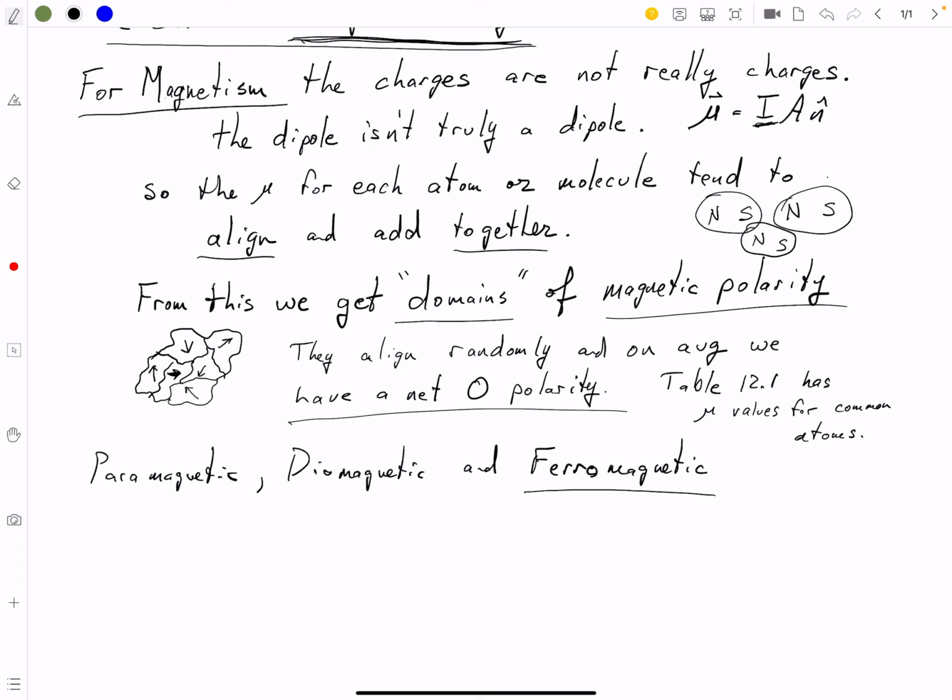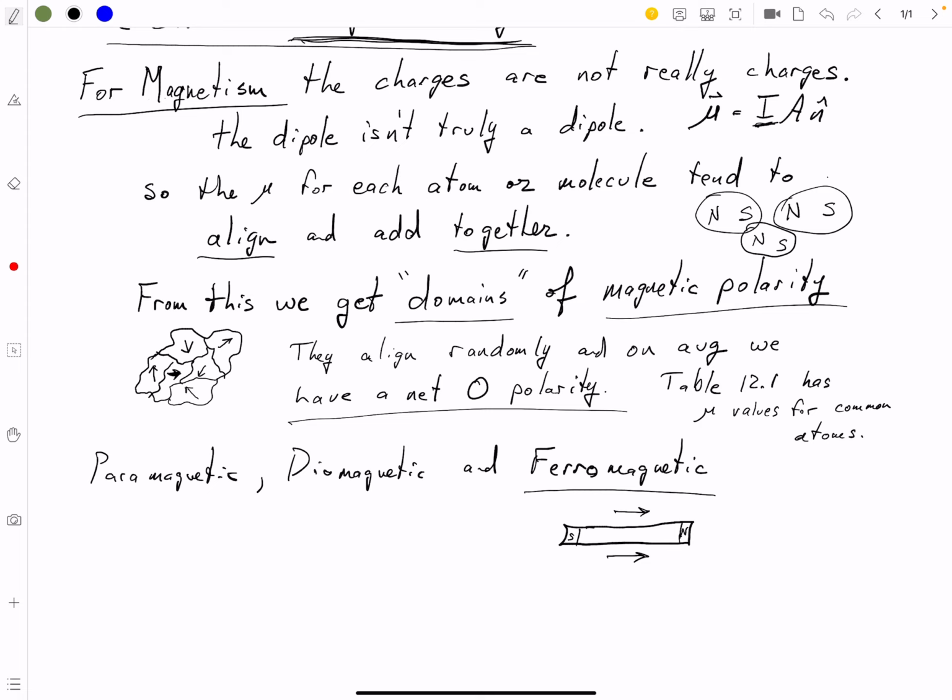That would be a ferromagnetic. So in the end, we could have all the domains lined up such that we have a north pole and a south pole, and all the domains are lined up together in one way.